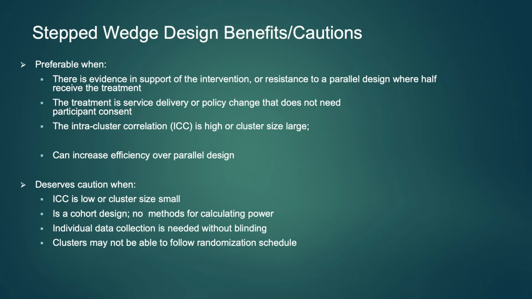But there are some things that you need. For example, you need a decent intra-cluster correlation and cluster size, number of people within clusters in a nested design. So it's difficult if you have low ICC cohort design and there are issues around data collection at the individual level, or if your clusters can't follow the randomization schedule.